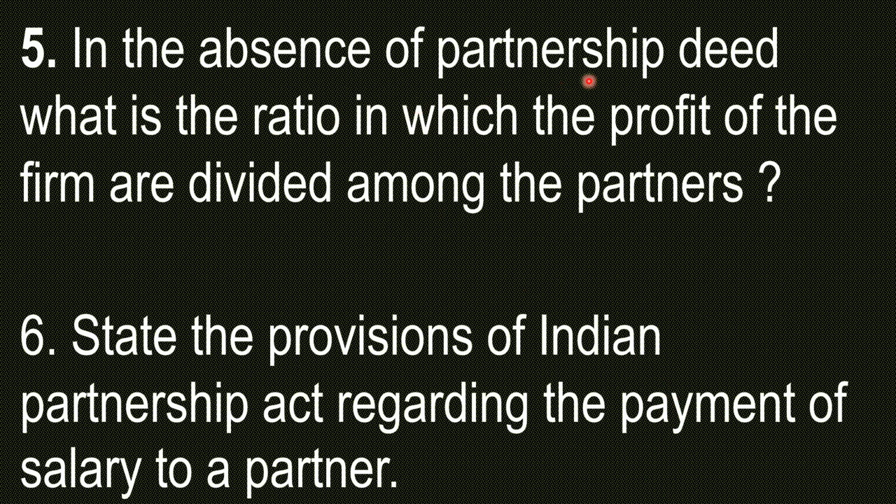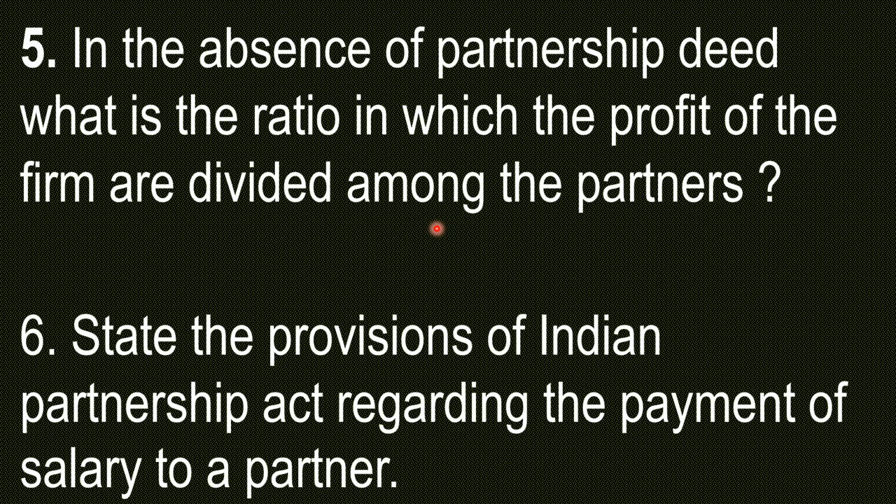In the absence of partnership deed, what is the ratio in which the profit of the firm is divided among the partners? Like there is no partnership deed regarding the distribution of ratio. So that time what action will be taken regarding the distribution of profit among the partners?